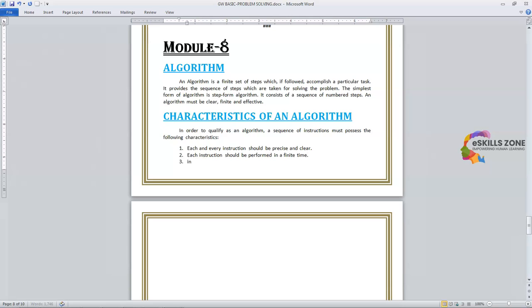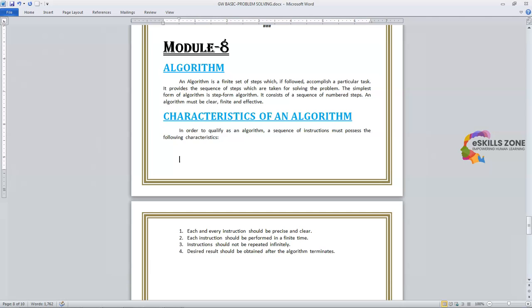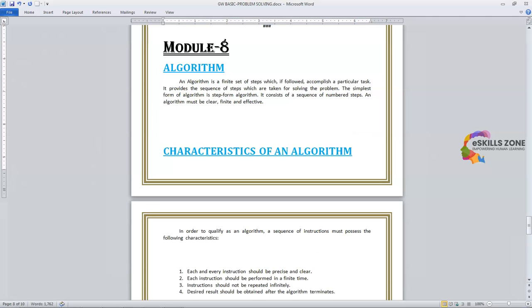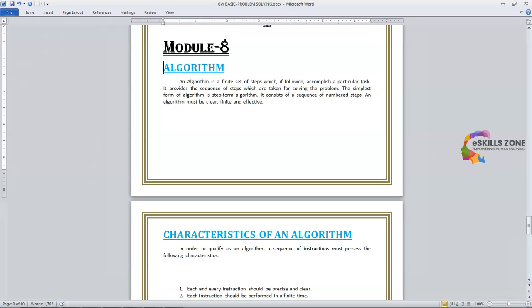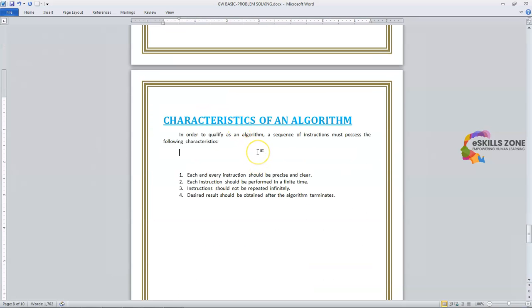Number three, instructions should not be repeated infinitely. Number four, desired result should be obtained after the algorithm terminates. So these are the four characteristics which should be noted in order to understand that the algorithm should be followed accordingly.